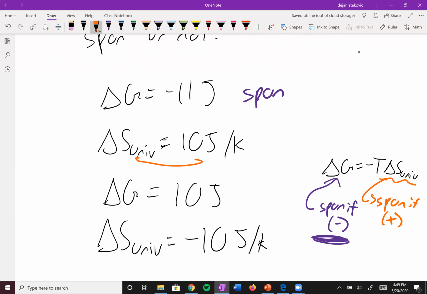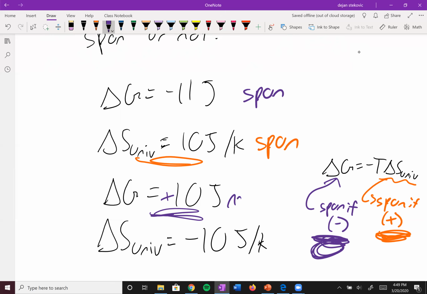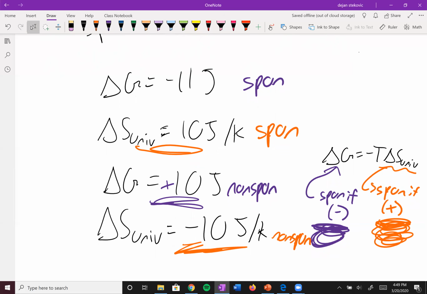Next up, delta S of universe is positive, so again, that will be spontaneous. Next up, delta G is 10 joules, so it's spontaneous if delta G is negative. So if delta G is positive here, this must be non-spontaneous. And then again, if delta S of universe is positive, it's spontaneous. This one's negative, so it's non-spontaneous. So just know, delta S of universe must be positive to be spontaneous. Delta G must be negative.